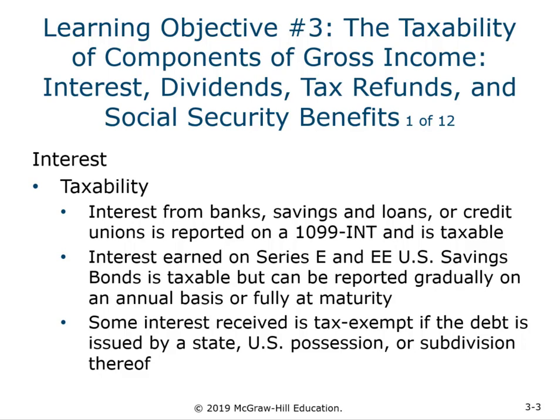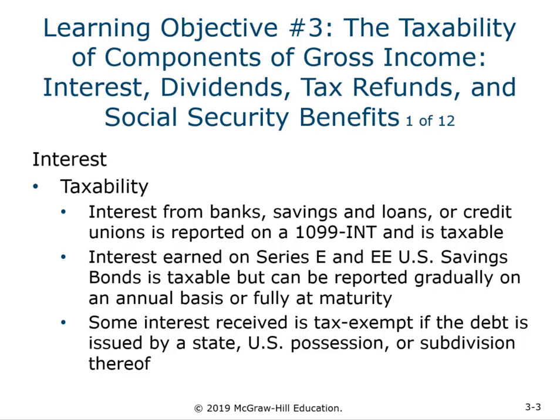It tells you how much income you received, similar to how your employer sends you a W-2. And that is taxable. Almost all interest from banks, savings and loans, credit unions, CDs, all that kind of stuff is taxable. There are a couple of things that are not.